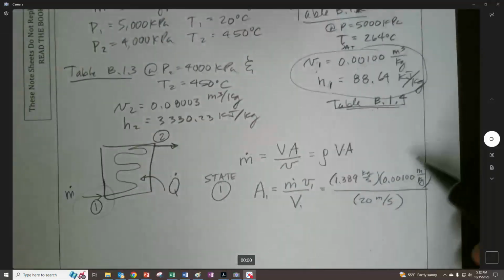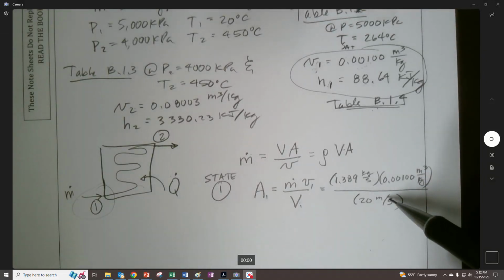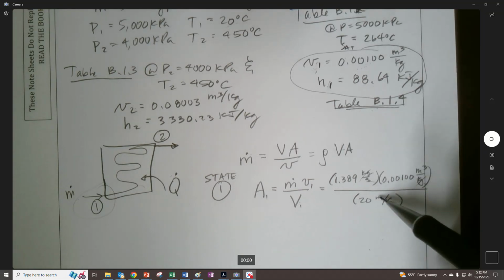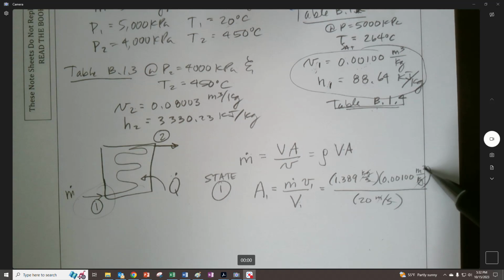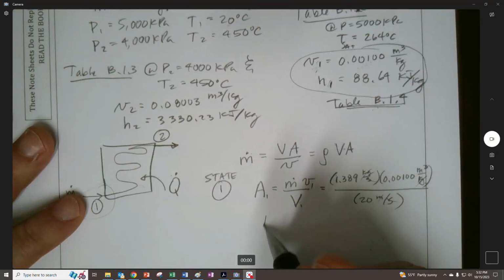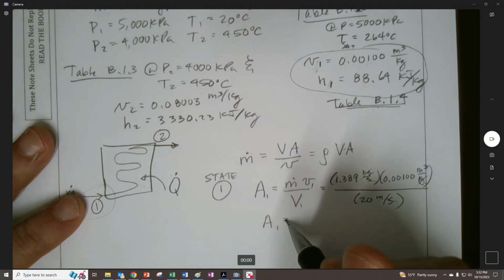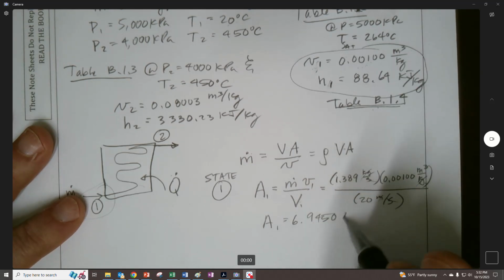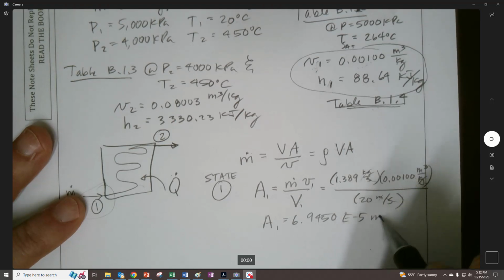What that's going to do is get rid of our seconds, it gets rid of kilograms, and it gets rid of one of the 3 here. So we're left with meters squared. So we're cool with that. So the area 1 is going to be a really small number. I thought, well, that's really tiny. And these are going to be meters squared.